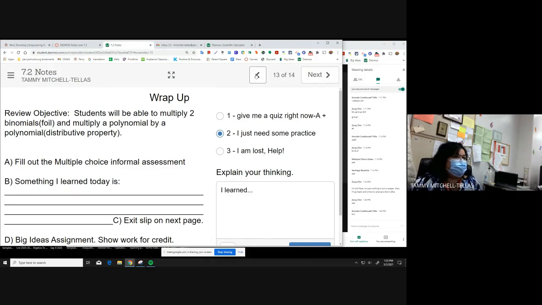Make sure on your big ideas assignment that you show work for all the problems. I didn't do anything in my head today. Please write all the problems out. I don't care if you copy the problem, but you're going to have a step in there because you always have to combine like terms. We exit out when we're done. Yeah, it automatically saves because I can see it live.